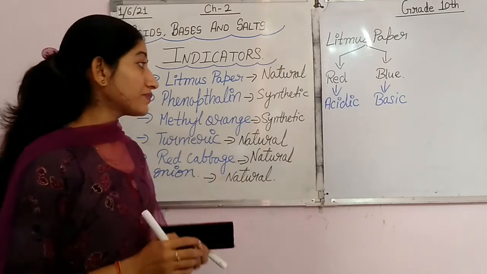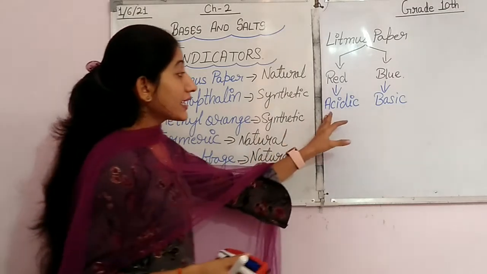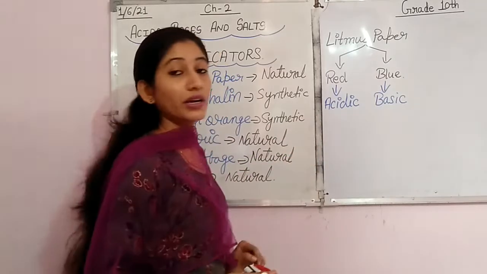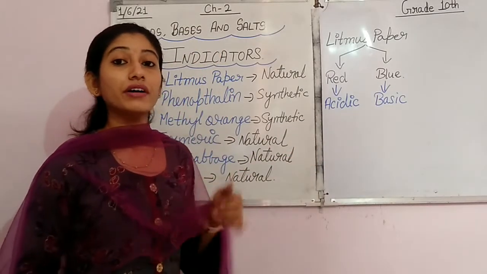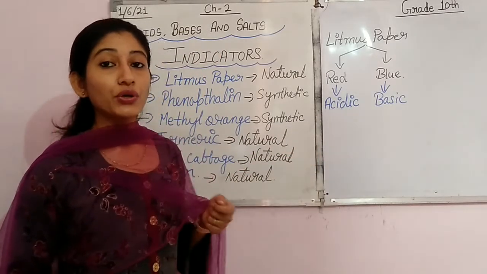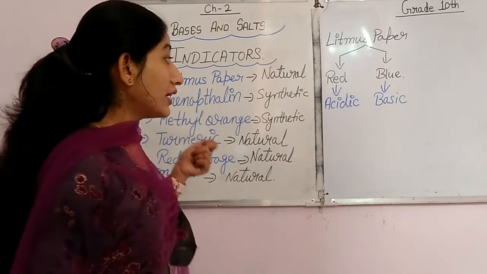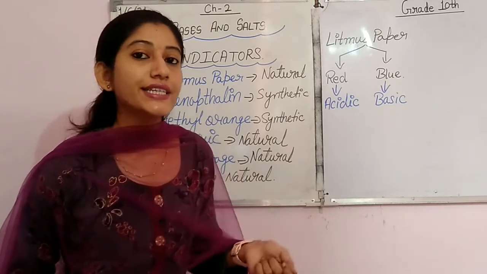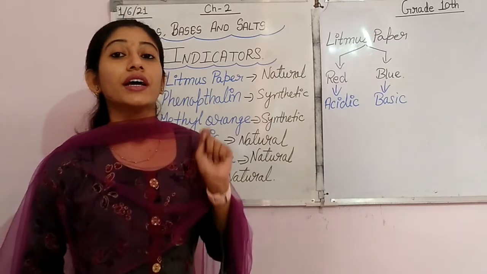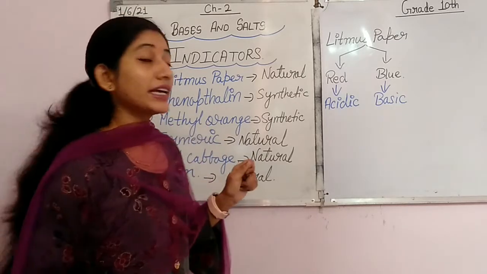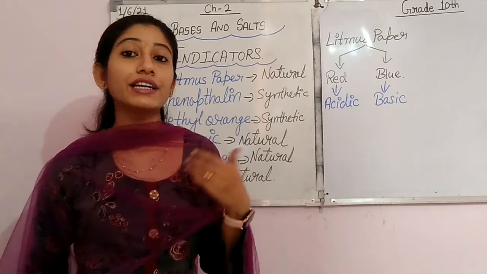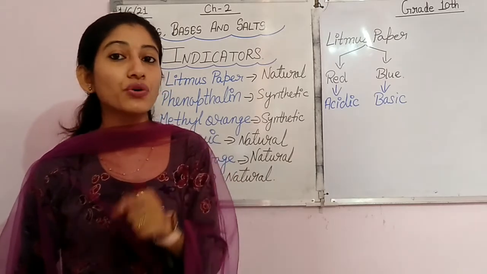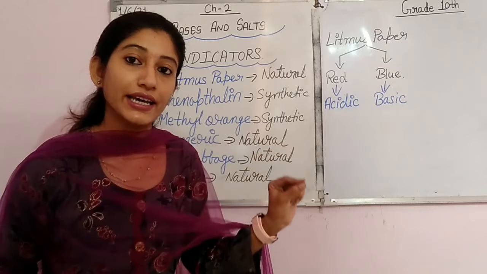Now, what is this? Acidic character is due to the red color and basic character is due to the blue color. Whenever you have a blue litmus and you are taking it to check whether the given substance is acid or base, and if after testing the color of the litmus changes from blue to red, the red color shows the acidic nature.